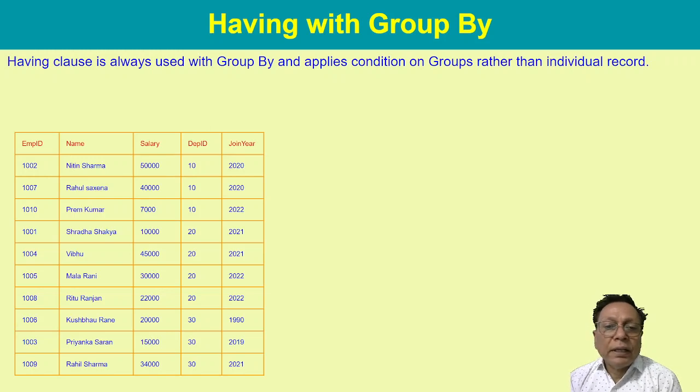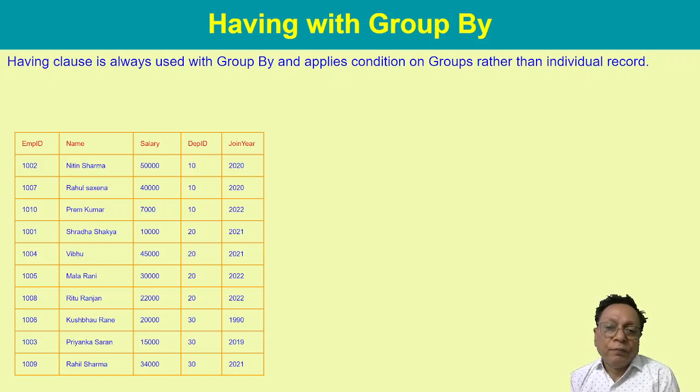Okay, so there is a table, the same table, employee. In the last video we calculated salary department wise, we calculated salary in groups, and now we are going to calculate the salary of a particular group.